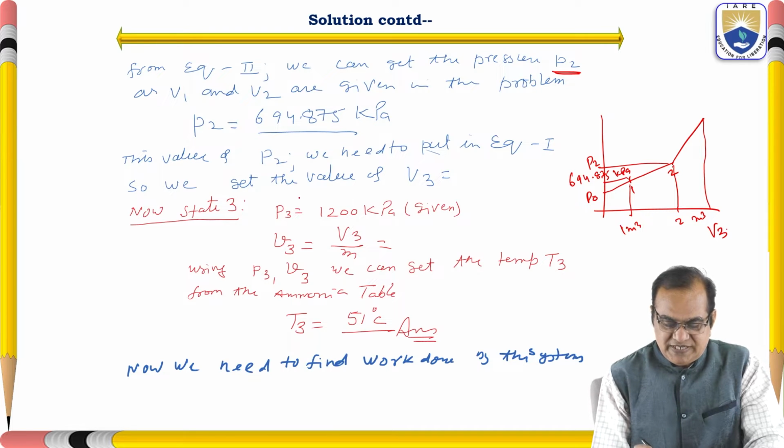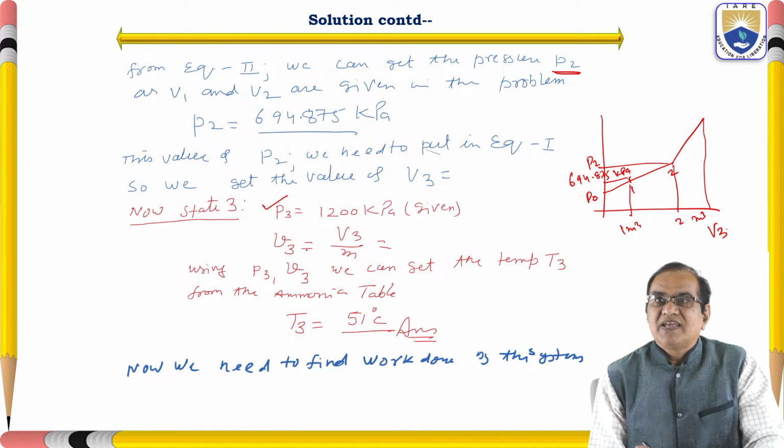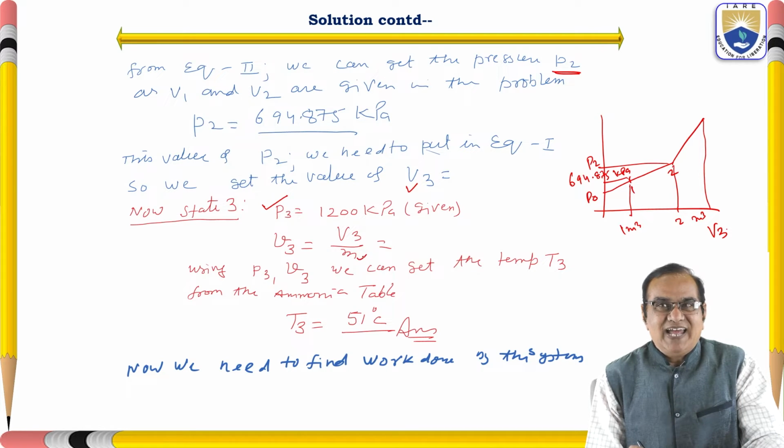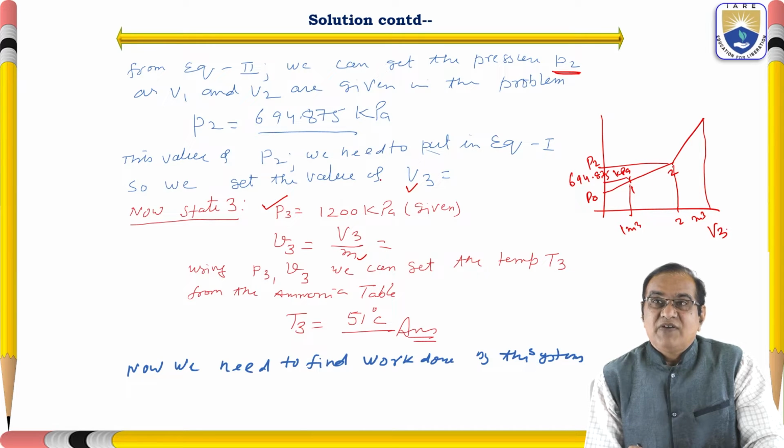Now state point P3 is given. V3 we got, it is a total volume divided by mass. Mass we have already calculated, I think you know V1 by small v1. So V3 we have got from here, divided by mass, we got this also.